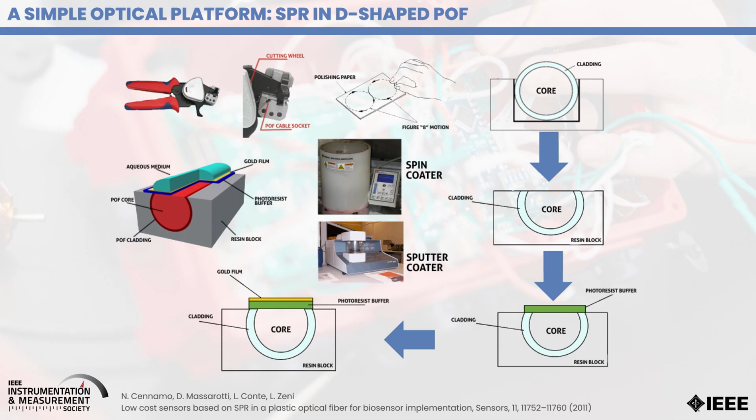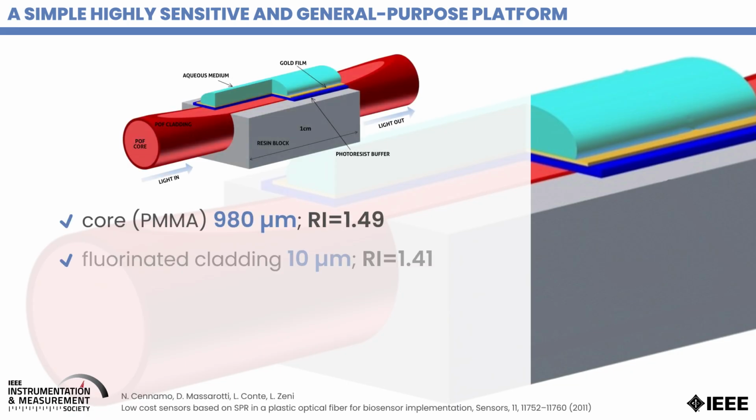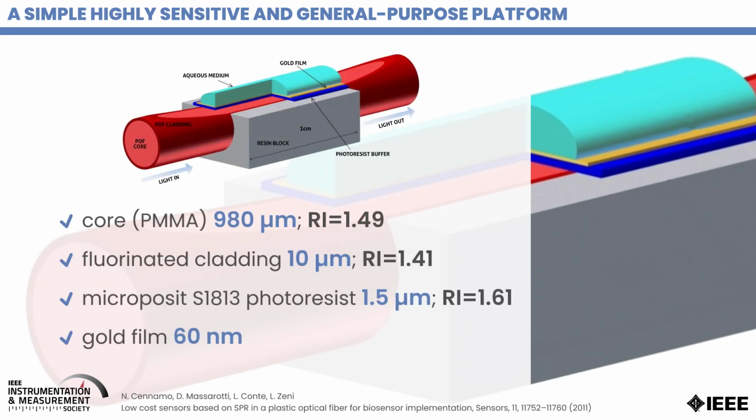To build this kind of optical probe, several fabrication steps are required. In particular, the POF is firstly embedded into a resin support and then polished by two different lapping sheets in order to obtain the D-shaped sensitive area.